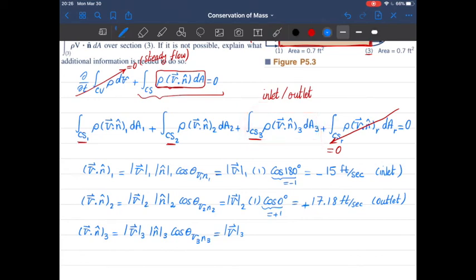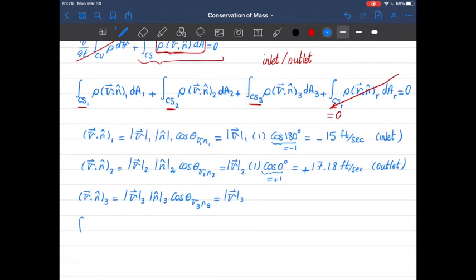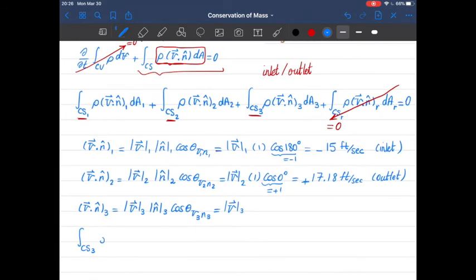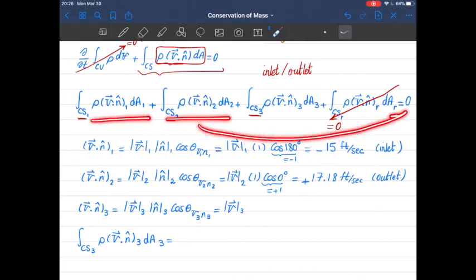So the integral over that control surface of rho v dot n dA is equal to, based on this continuity equation, this term was 0, and we can move these two terms to the right hand side and leave this term, which is unknown, on the left hand side.